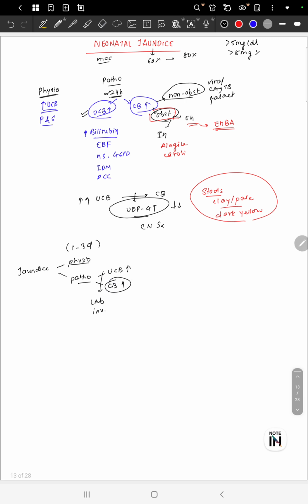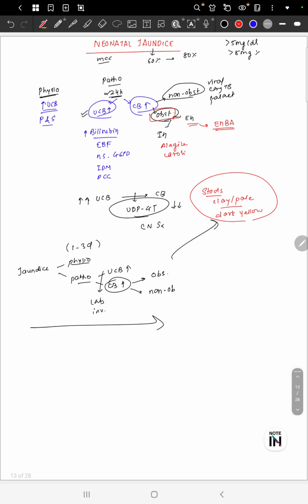If it's a rise in conjugated bilirubin levels, then we can further find out whether it's obstructive jaundice or non-obstructive jaundice. How? Because in obstructive jaundice we have clay or pale colored stools and dark colored urine. So this is how we find out which type of jaundice is there, and this is how we need to progress in the workup of jaundice.